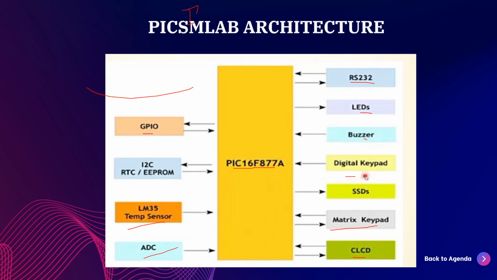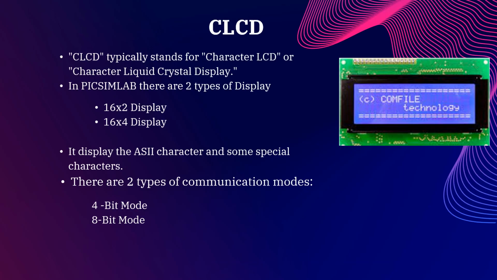Okay, you understand. The next thing is CLCD. CLCD stands for character LCD, or character liquid crystal display, in which we can display our outputs. In PICSimLab, there are two types of display.